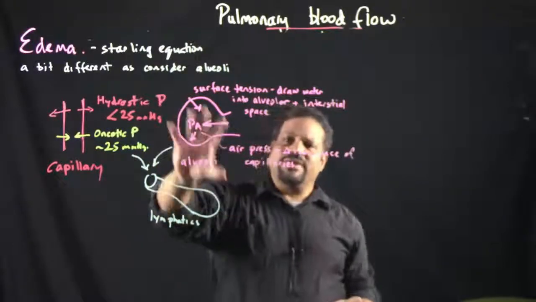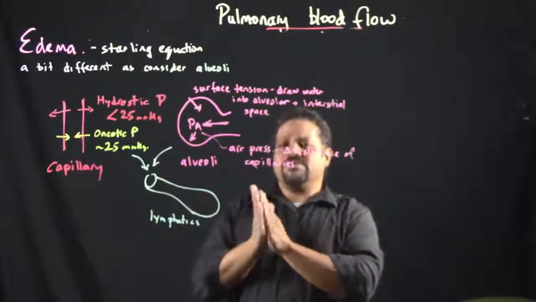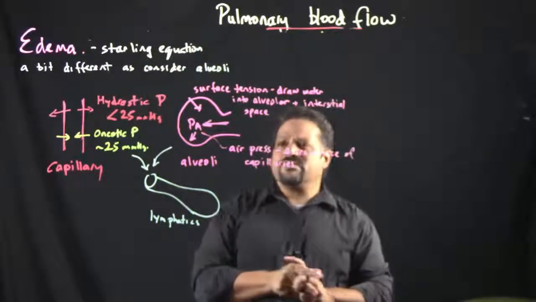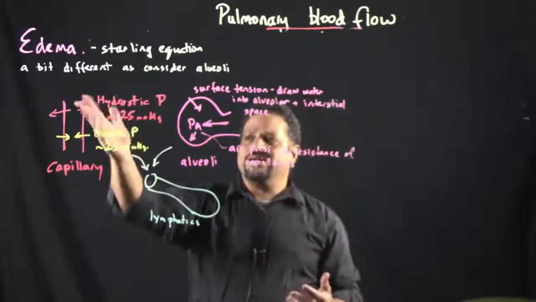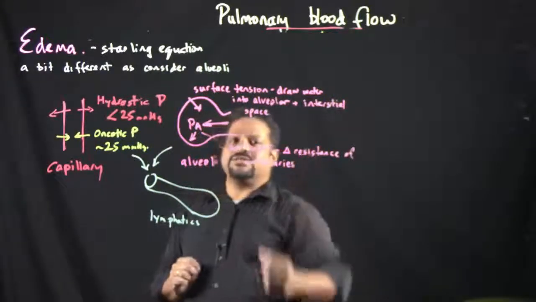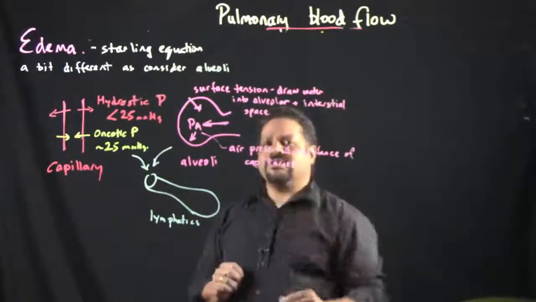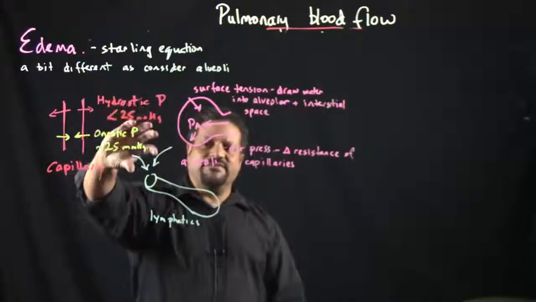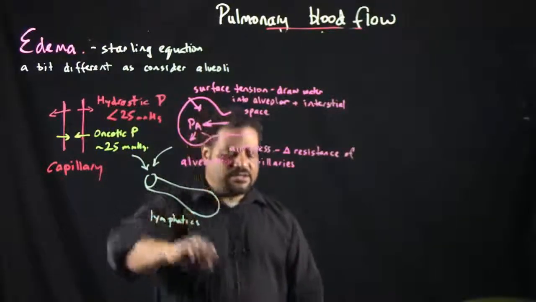As you increase that air pressure, you're going to crush those capillary vessels and change the resistance of those capillaries. You're going to have an effective increase in hydrostatic pressure because you're crushing those capillaries. And then we have the lymphatics, which take any fluid that's filtered out into the interstitial space.